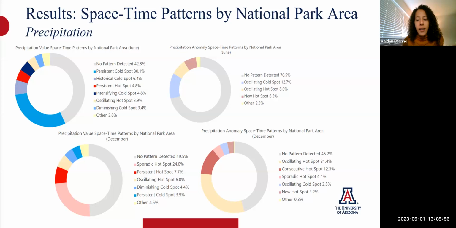So from these findings, I did conclude that some statistically significant emerging precipitation patterns appear to be happening in areas where national parks are situated. And on the next couple of slides, I'll go into a bit more detail on where these patterns are happening and which national parks are mapping to each of these patterns.